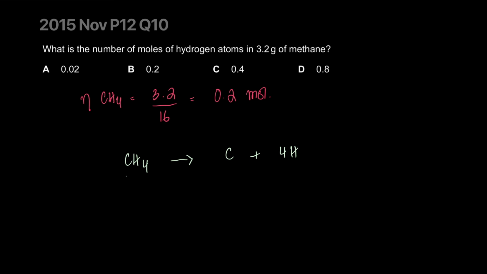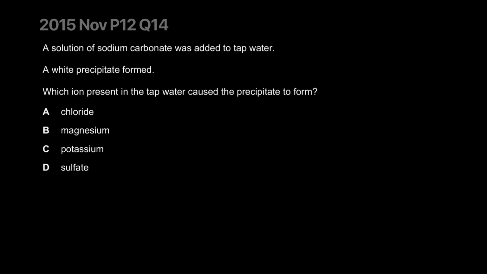So the ratio between methane to hydrogen is 1 to 4. So if you had 10, you'd make 40. And if you had 0.2 moles worth of it, you'd just make 0.8 moles over here. So the correct answer is D, right?